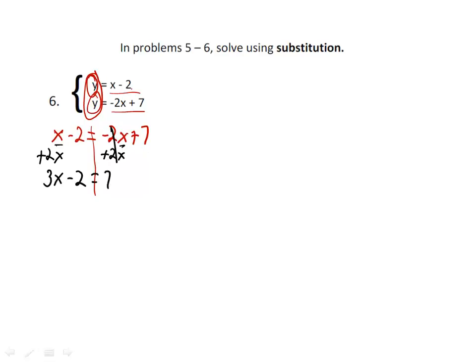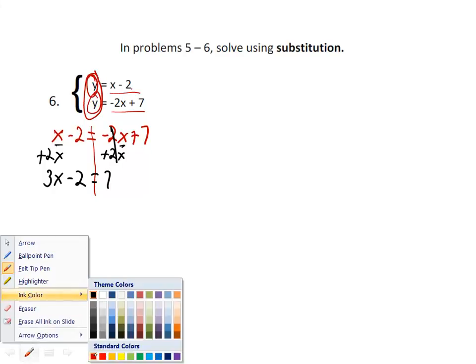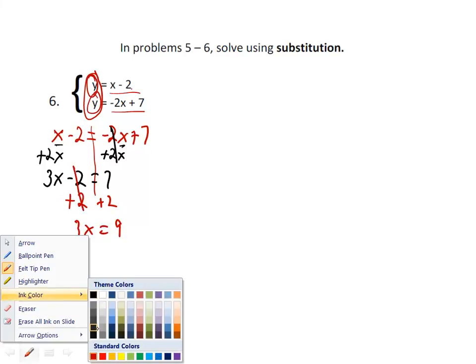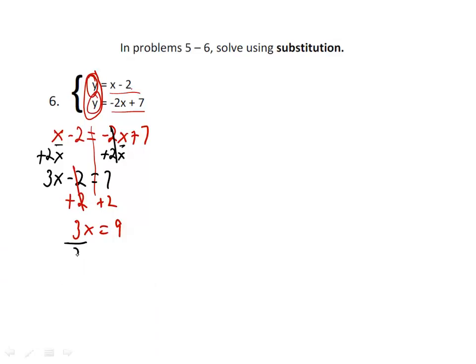All right, and then we've got add 2. And finally, divide by 3, and x equals 3. So we found x.